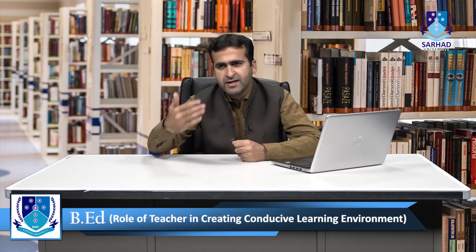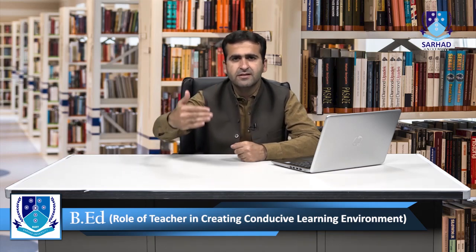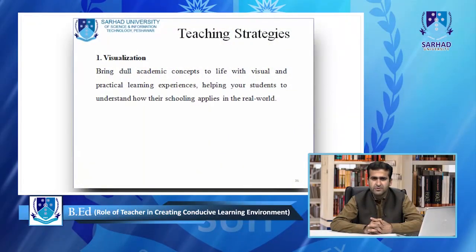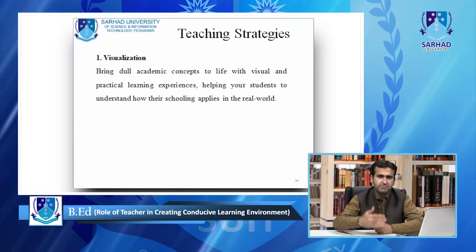From visualization we mean the measuring ability of the teacher as well. That a teacher could visualize his or her student, that the teacher could measure the mental ability, the learning ability and skills of that student. And from visualization we mean that the teacher must know what grade the student could achieve.